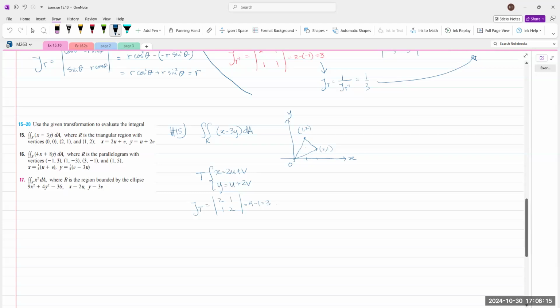Okay. Now the thing is, what is the domain in the u phi plane now? That's a linear transformation, so we can just transform the vertex points, starting with (0, 0).